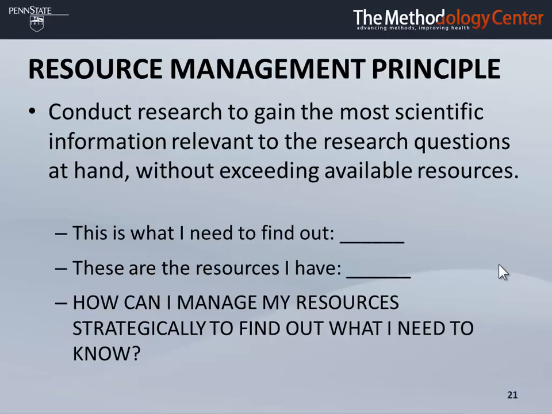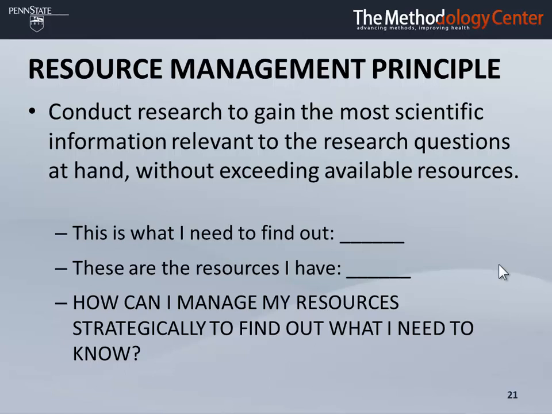Here's the resource management principle, and this applies to selecting an experimental design for assessing the individual effects of the intervention components. The resource management principle just says you conduct research in such a way as to get the most information you can given the resources that you have available to you.